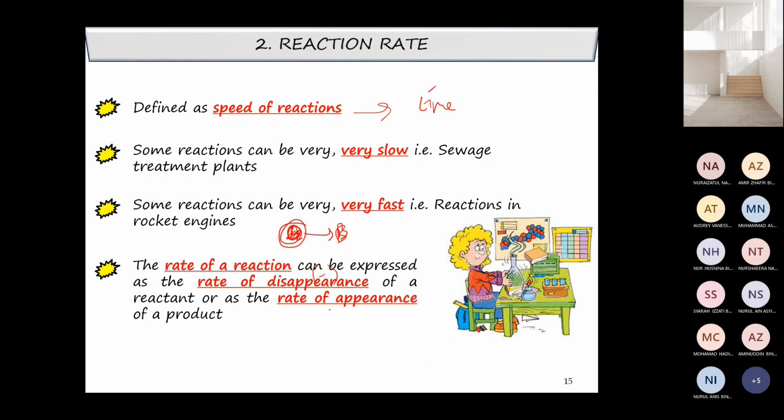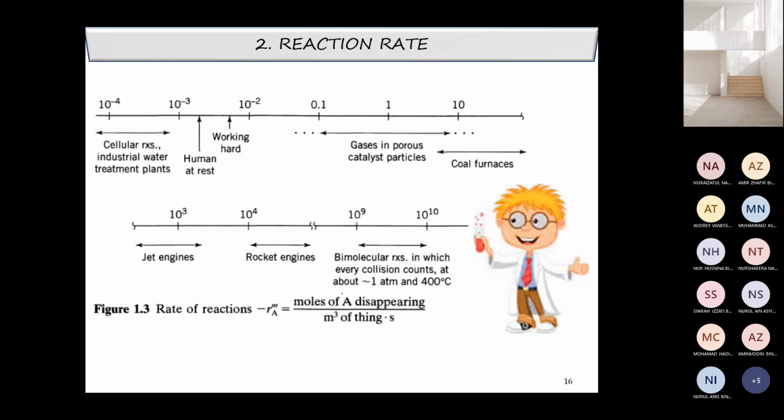And rate of appearance is usually positive, because it increases, it becomes another product. So this is how fast the reaction rate is. For example, you can see the rocket, 10 to the power of 4, and so on.